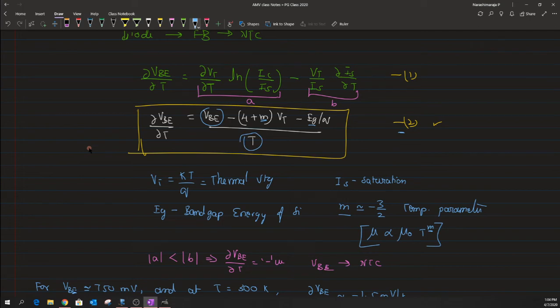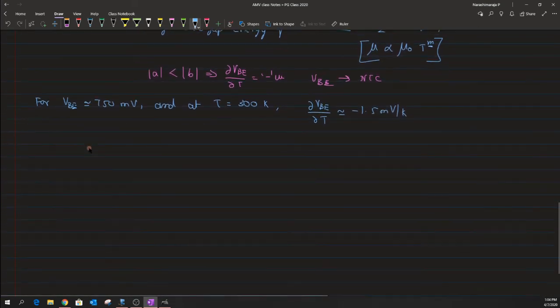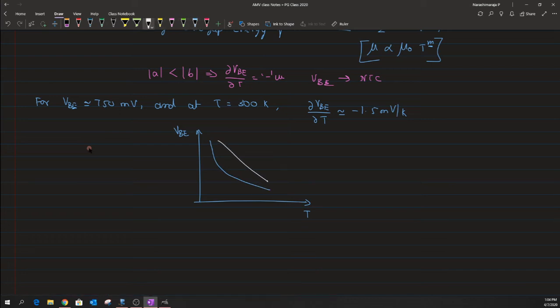Now this relation yields a result where, when VBE is plotted with respect to temperature, the plot would exhibit some sort of parabola rather than the straight line graph we had before. We said that if VBE with respect to temperature exhibits a straight line, then the circuit is said to be a CTAT generator, or CTAT circuit.